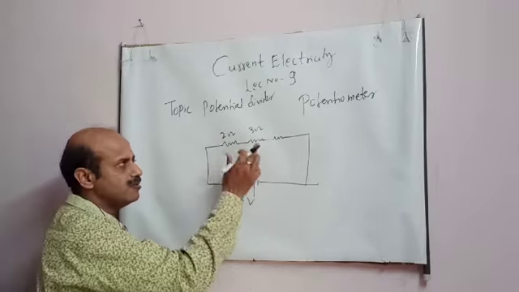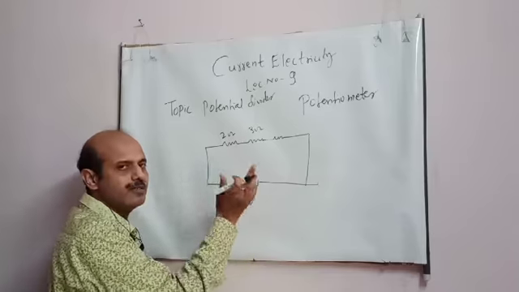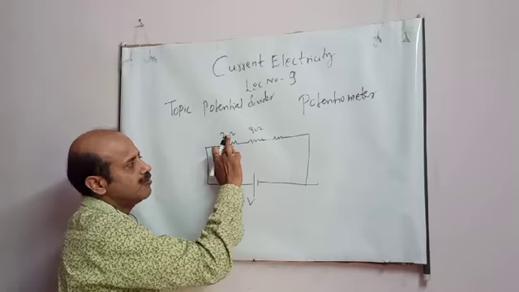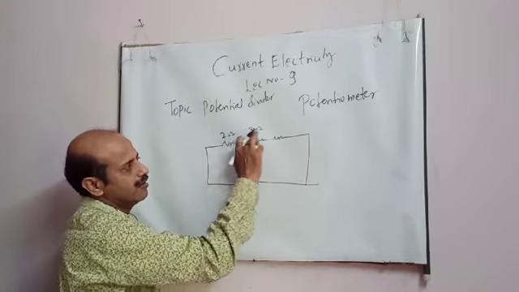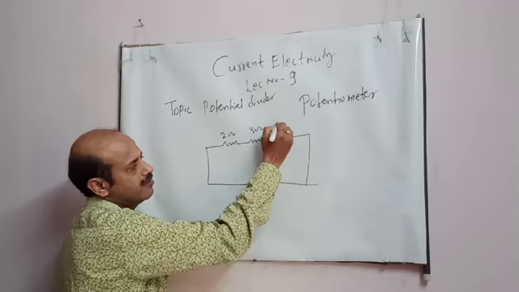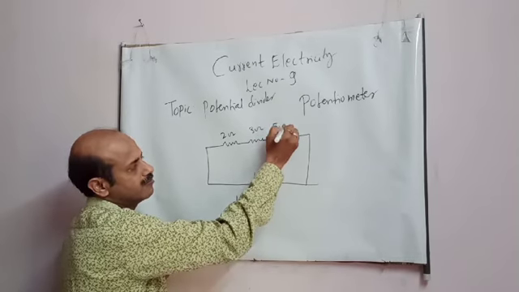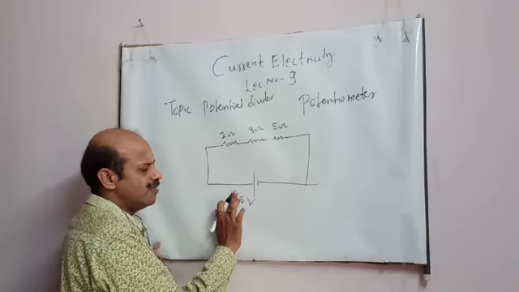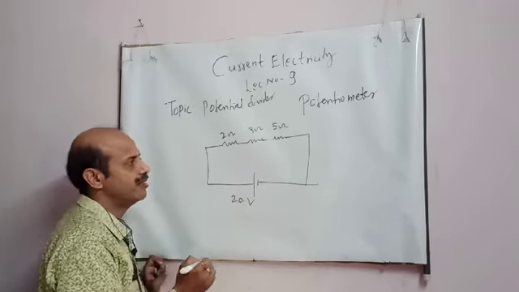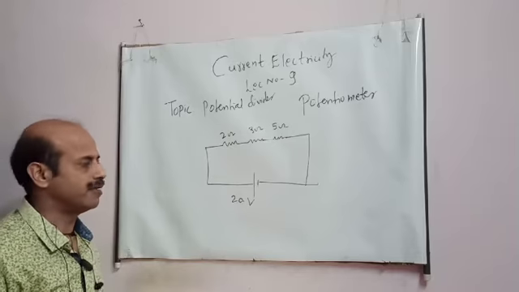I should take a number which can easily divide, student, so that the mathematics will become easier. So 2 ohm, 3 ohm, 5 ohm, and this battery I am changing to 20 volt. These are the resistors which are connected here.